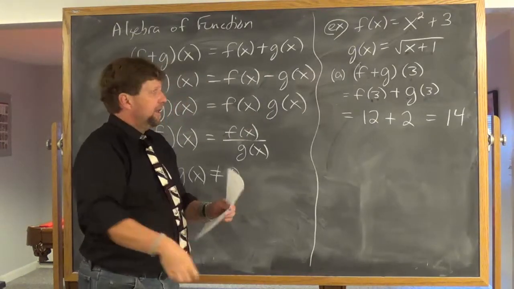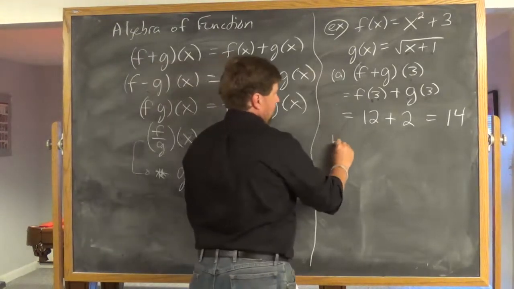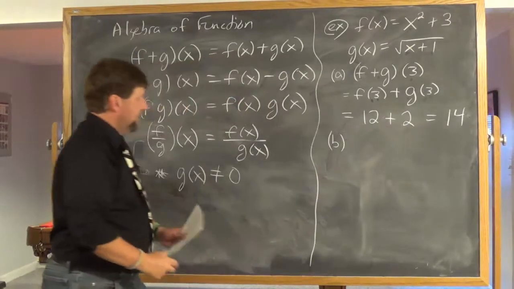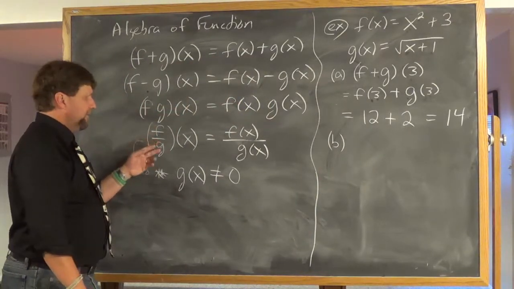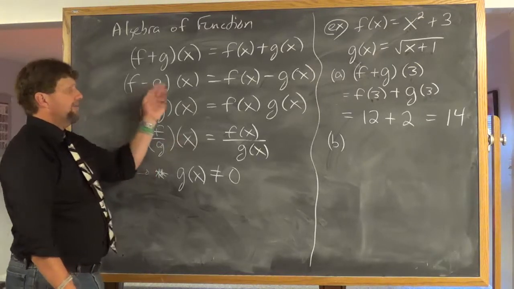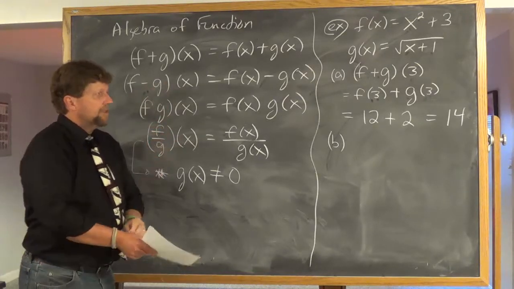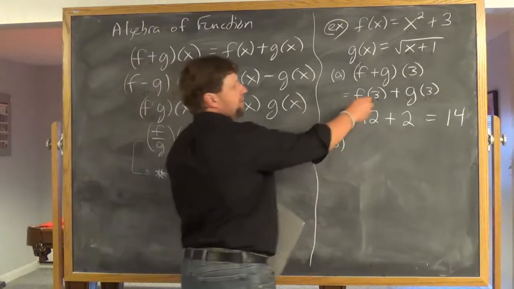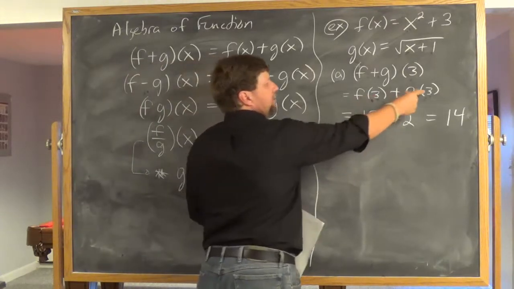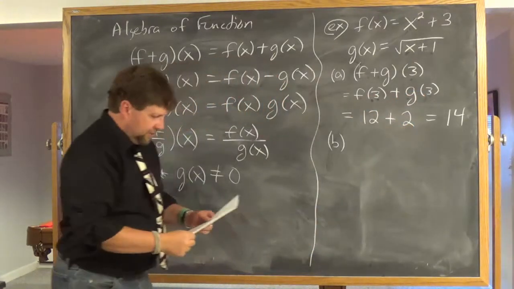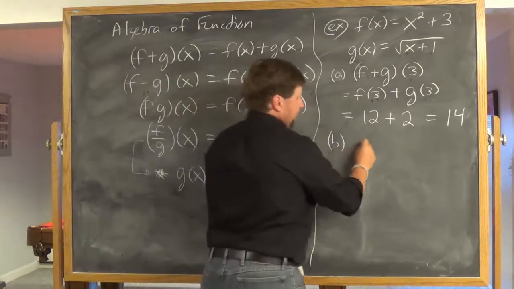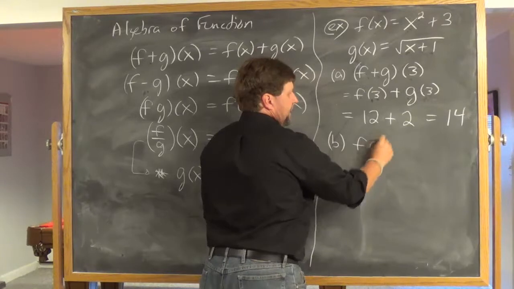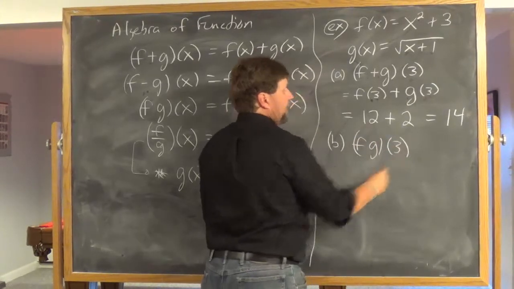So now let's do another one. We could quickly do the f times g of 3, or f divided by g of 3, or f minus g of 3, because it looks like we know the pieces and parts. We have the f of 3 is 12 and the g of 3 is 2. So let's do the multiplication one. The f times g of 3.